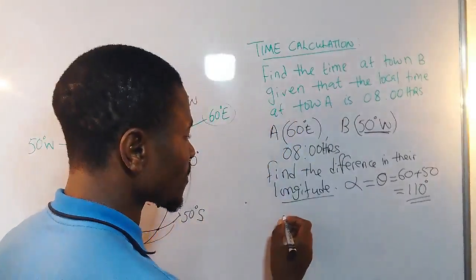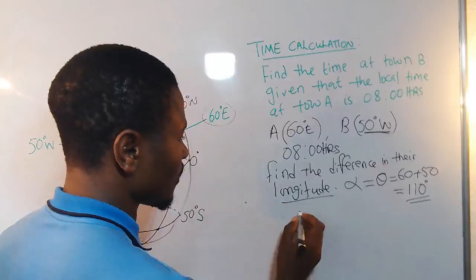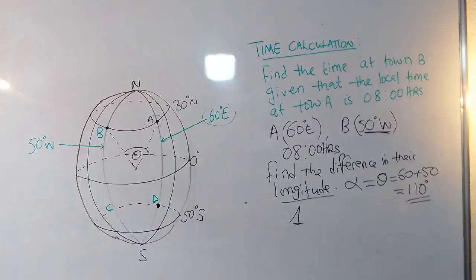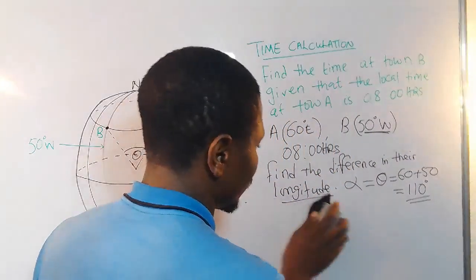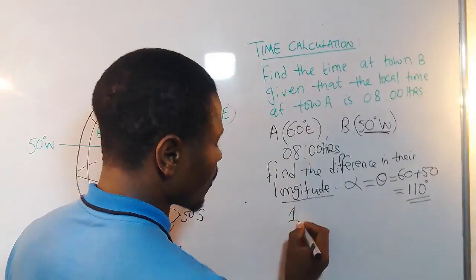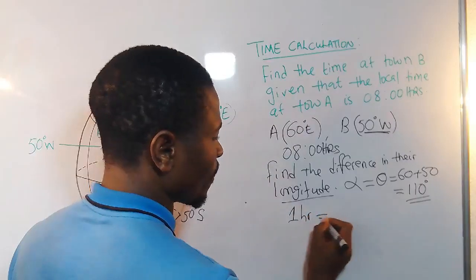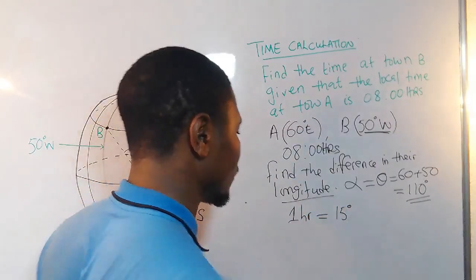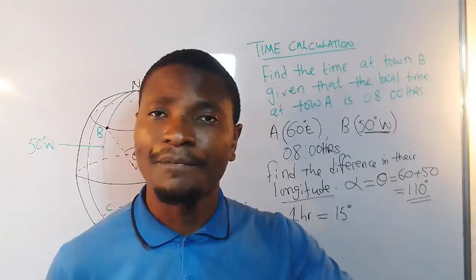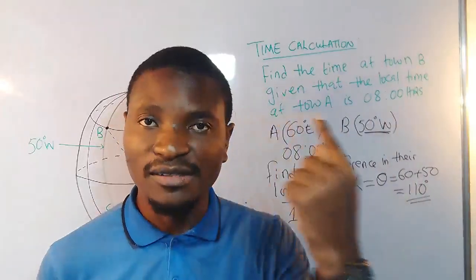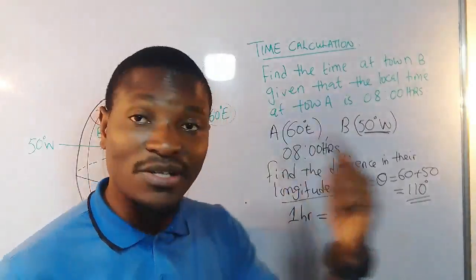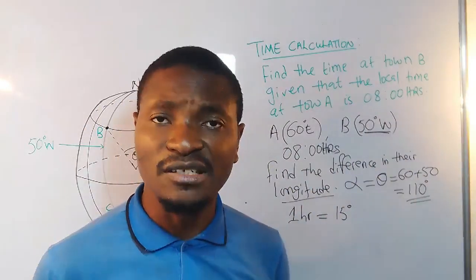So one hour, every hour the earth revolves around the sun, that hour is going to make an angle of 15 degrees.